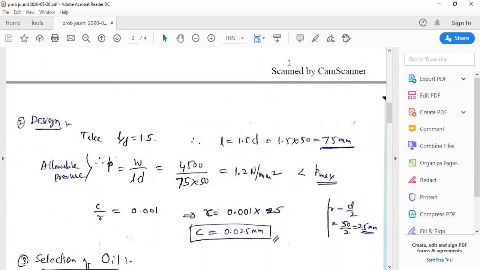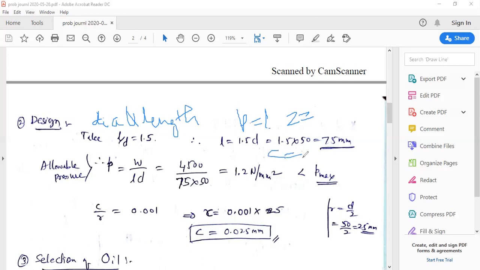So the second step is to calculate the dimensions of the bearing, which is also called design of the bearing. Here the diameter and the length of the bearing are to be calculated, and also we have to fix the value of allowable pressure P, and the value of Z, and also we have to get the value of C, the diametral clearance ratio, which is given here.